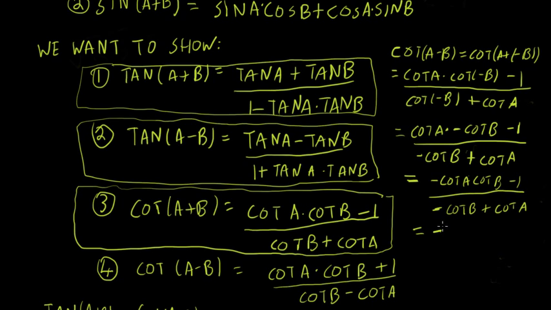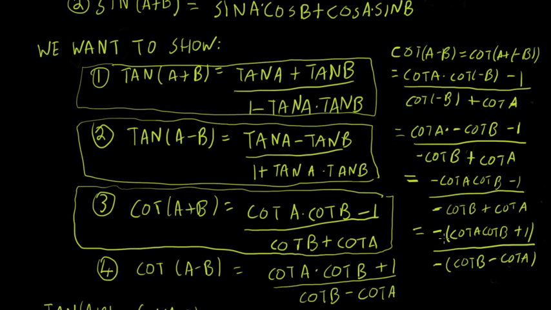So we pull out the negative sign. Inside the numerator, inside the parentheses, we'll be left with cotangent of A, cotangent of B, plus 1. And in the denominator, pull out that negative sign, have cotangent of B minus cotangent of A.